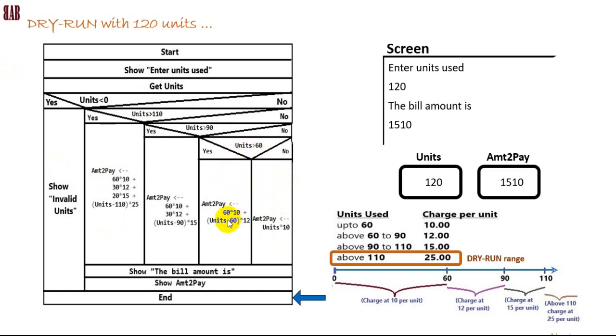So up to 60 we calculate by 10, the balance we calculate by 12. If you're coming through this, we know it's above 90, therefore up to 60 is there, the rest of the 30 is also there, no? So the 60 we calculate by 10, 30 we calculate by 12, and the balance, the units minus 90 part, we calculate by 15.